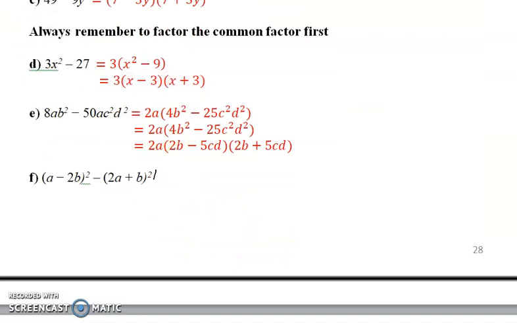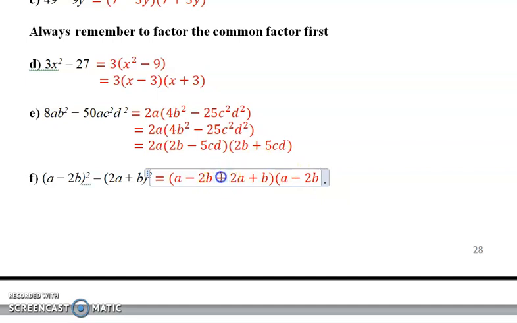So again, that's just how you focus on this. You could work it out, you can multiply it out and all that if you wish, but literally what it's going to look like is a minus 2b, plus 2a plus b, for the first one, and then the second one is going to be a minus 2b.